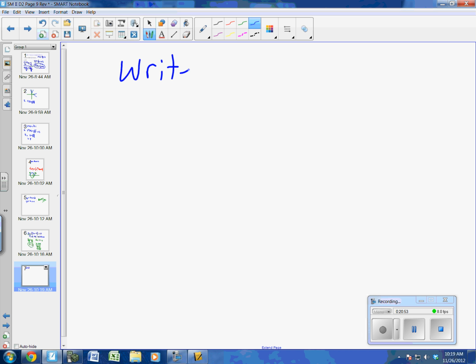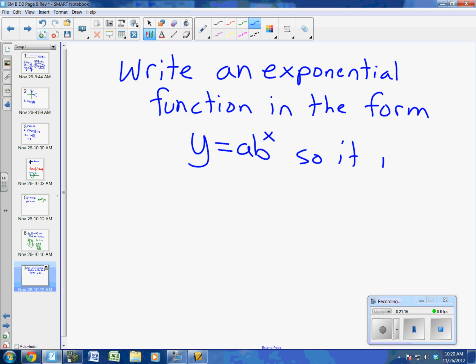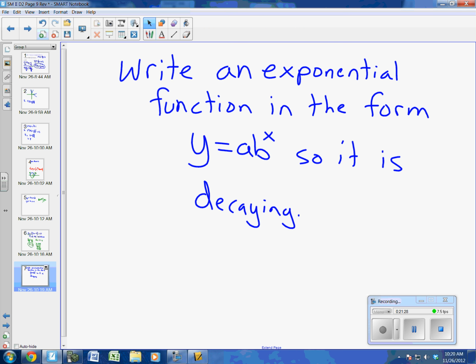Write an exponential function in the form y equals a times b to the x power, so it is decaying. Write an exponential function in the form of y equals a times b to the x, so it is decaying.